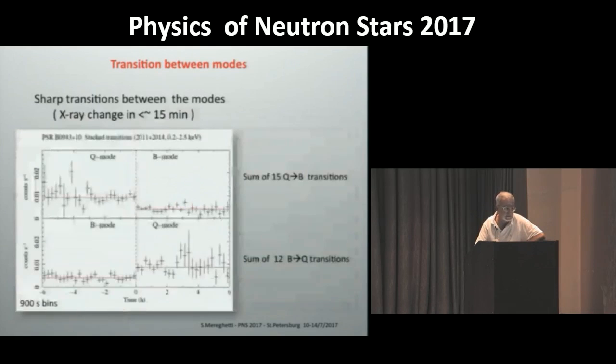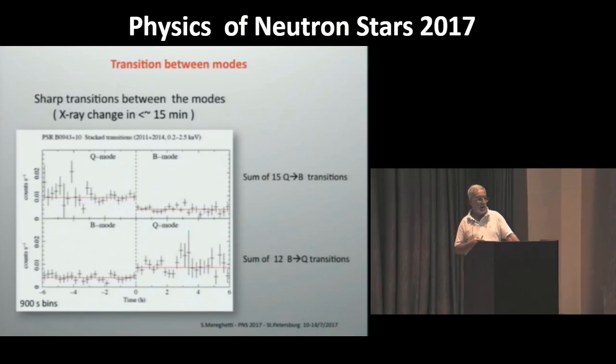Another interesting result is this one. We tried to look for some evidence of variation during the modes as a function of time, and this was motivated by the fact that there are properties of the radio emission that are seen to evolve during the B mode.